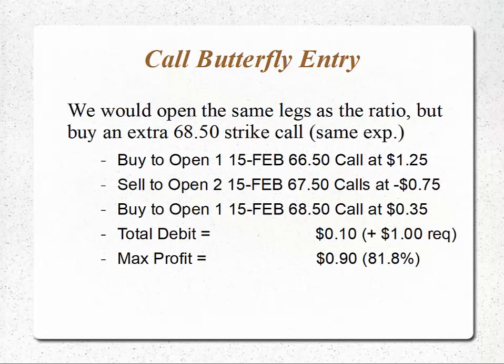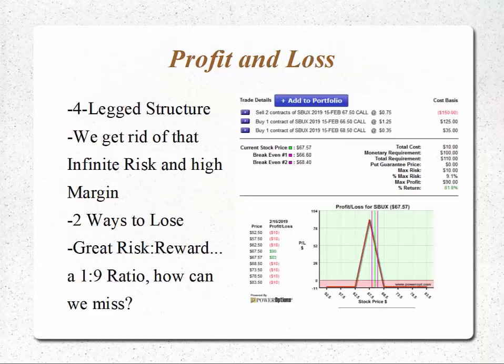Now, best case scenario again, stock's right at 67.50 on February 15th. Max profit is 90 cents. Okay? How does that work out? Well, we have a four-legged structure. To start, we get rid of that infinite risk and high margin compared to the ratio spread.